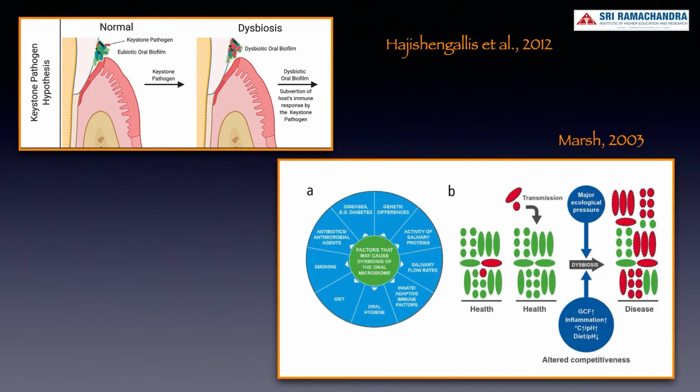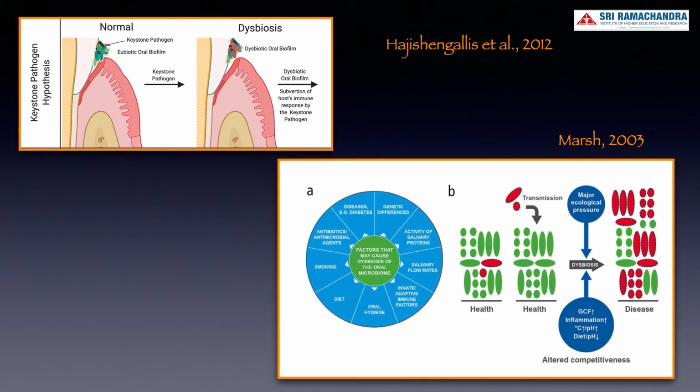However, in a disease state, that is, in a caries state, there is an increase in the number and proportion of carcinogenic bacteria, and there may be increased biomass as well. For this to happen, there have to be some significant changes in the local environment, like major ecological pressure, which can alter the competitiveness of bacteria within the biofilm and select for those species that are more adapted to the new environment.